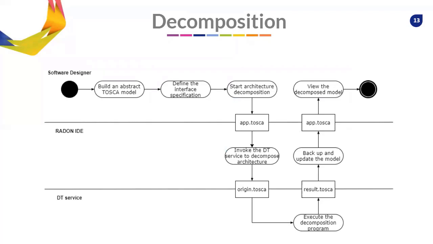The Decomposition tool plugin inside the RADON IDE will upload the service template to the public service and execute the decomposition program. After the decomposition procedure completes, the service template will be backed up and updated for the user to view the decomposition solution.